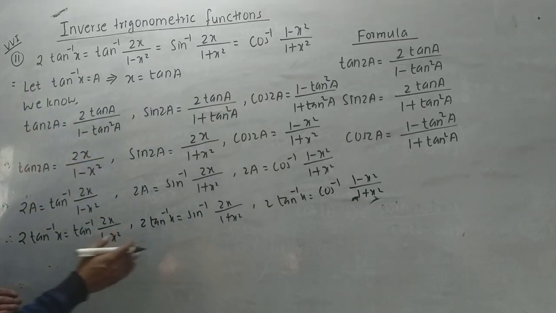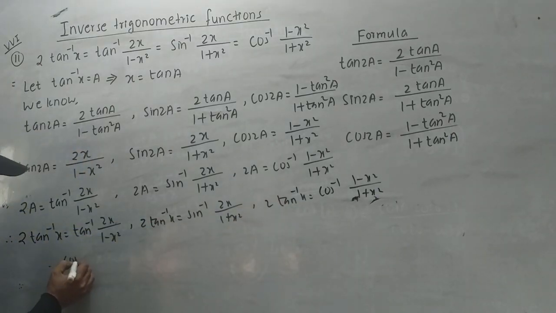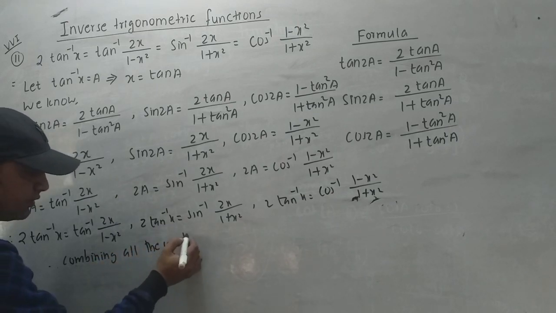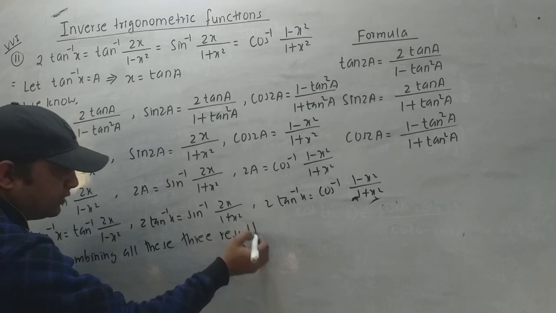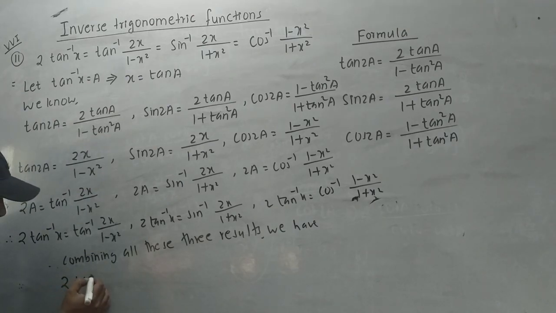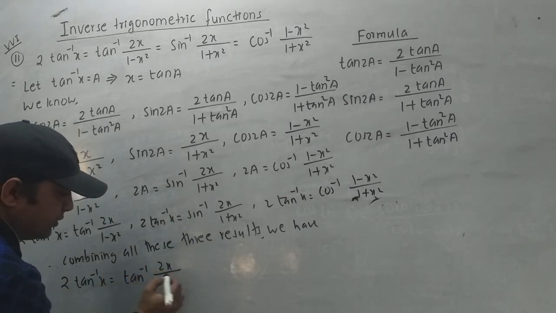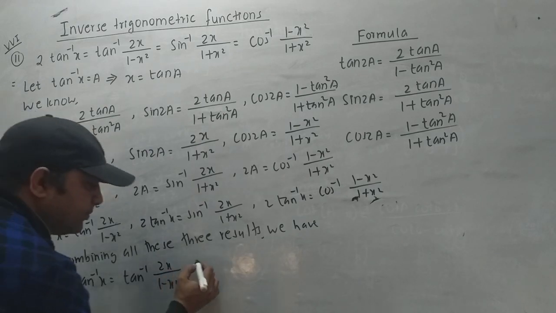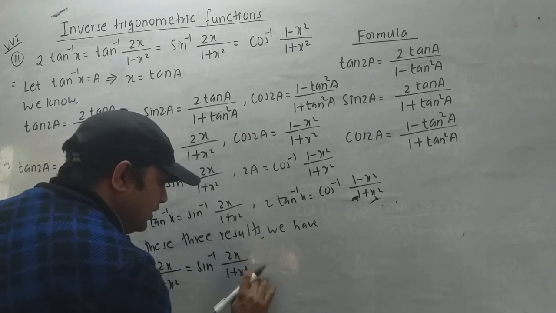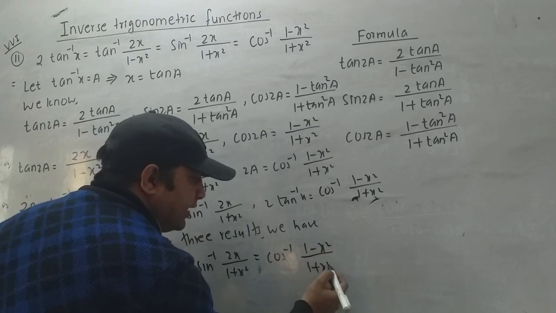So combining all these three results, the formula for 2 tan inverse x will be tan inverse of 2x divided by 1 minus x square equals sin inverse of 2x by 1 plus x square equals cos inverse of 1 minus x square divided by 1 plus x square.